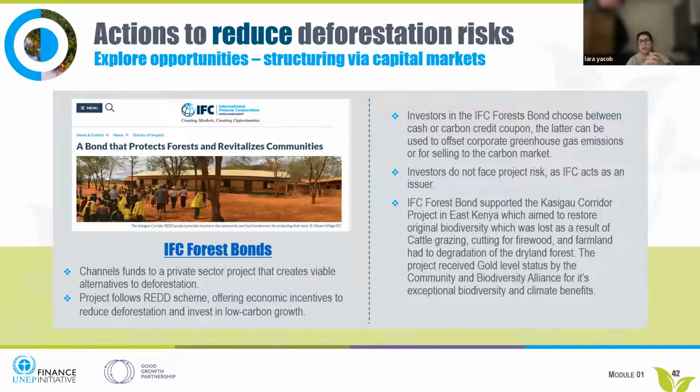I believe this one followed the REDD scheme, offering economic incentives to reduce deforestation and invest in low carbon growth. And the key here was that the issuer does not face project risk, since IFC was the guarantor, so they act as a sort of issuer there. Next slide, please.